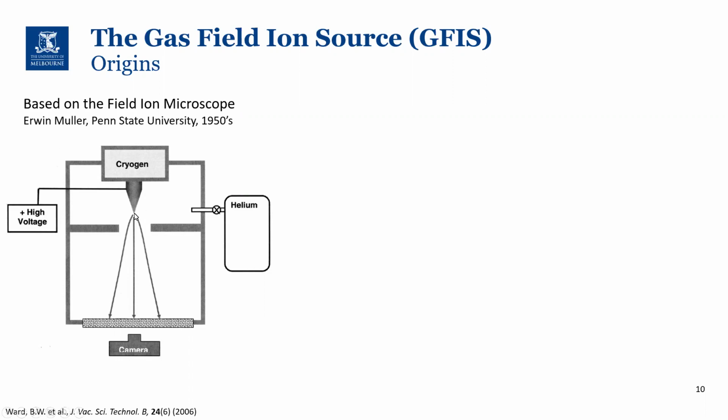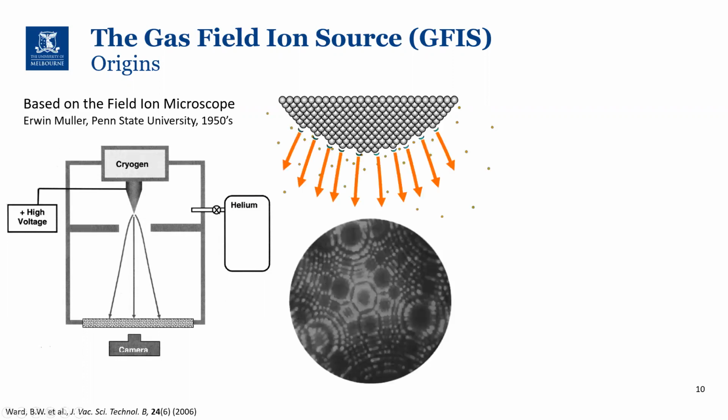And then beneath this very sharp tip, they had a phosphorescent screen and a camera. And what they would see coming from this tip is a projection of the atomic structure of that tungsten tip. So on the phosphor screen, they got all these little bright spots, and each one of these bright spots represents the emission from an atom on the end of that tungsten tip.